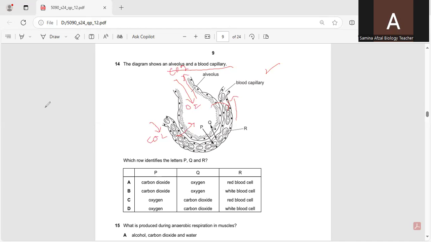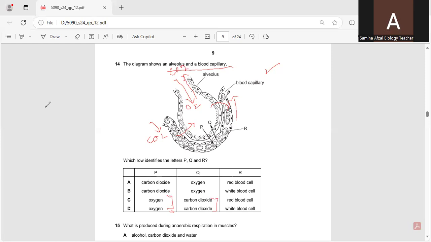So P is oxygen, entering into the capillary. And Q is carbon dioxide, leaving the capillary and entering the alveolus.